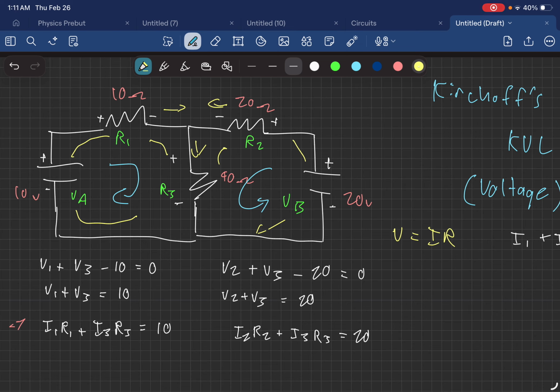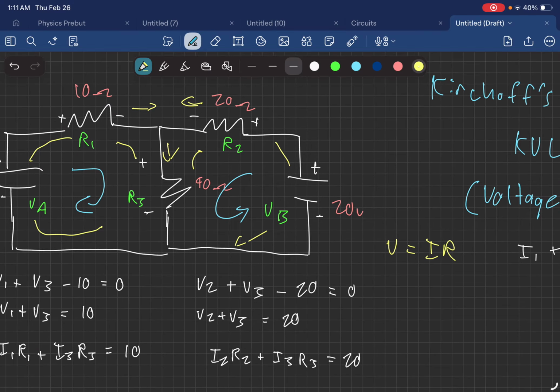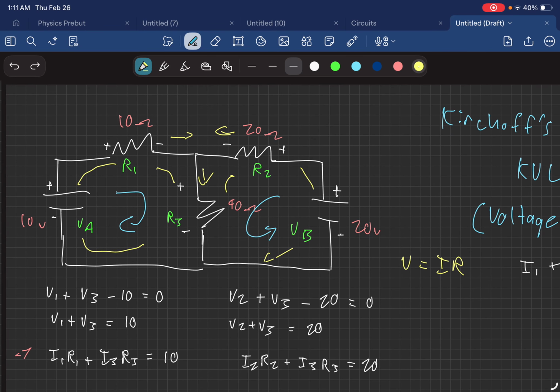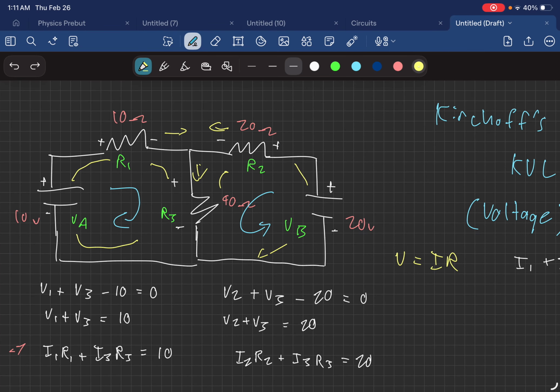Recall your knowledge on circuits: current in parallel are added, right? If you think about how the current moves, they combine towards this current from here, or you can assume the direction, right? This current will split into these two directions.